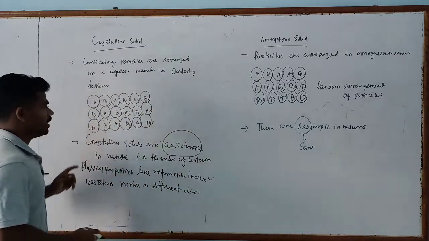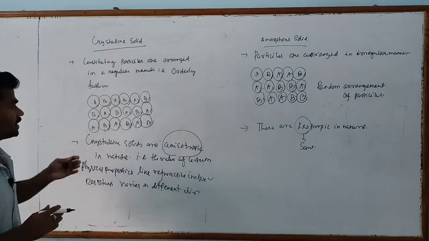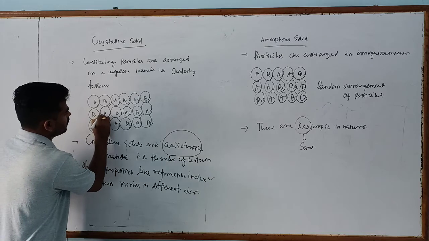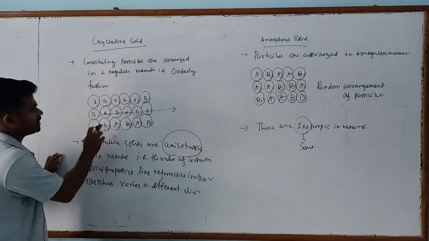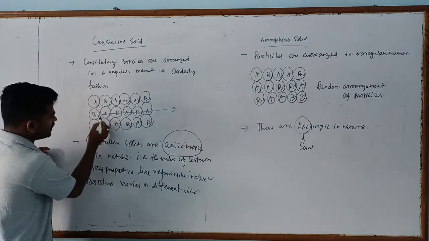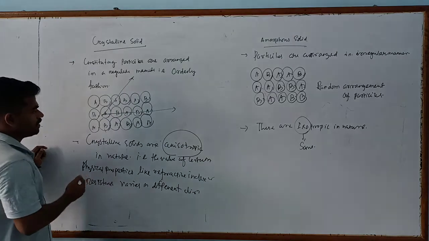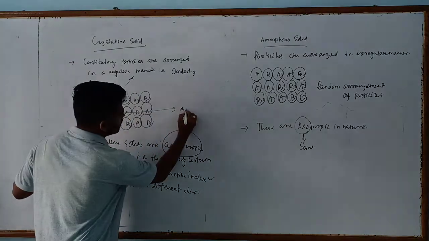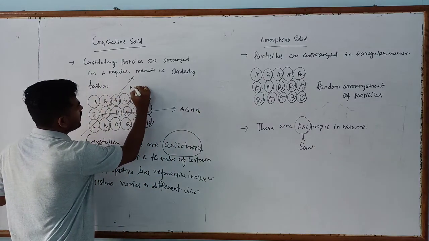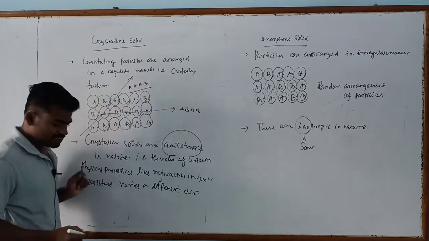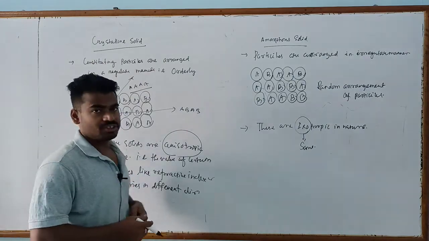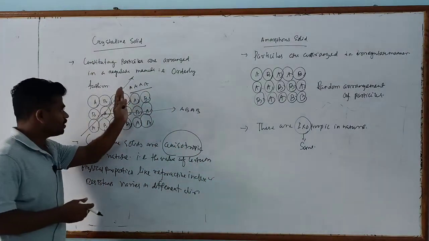You see, since the arrangement is alternate in the case of a crystalline solid, suppose you proceed in this direction, the arrangement is A B. If you proceed in another direction, the arrangement is something different, say the pattern is A. So different arrangements you are getting in different directions. That's why the value of physical properties also varies with respect to the respective directions.